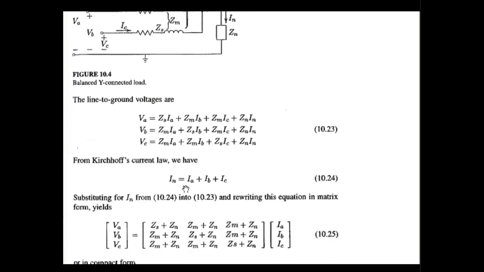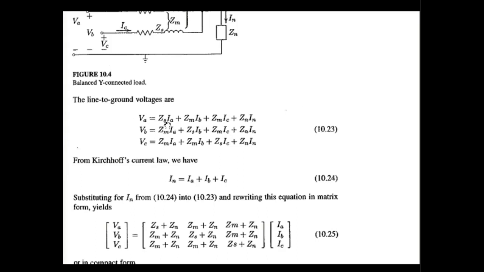So when you put that IN in that first equation for VA, what will be the equation pattern? What will be the coefficient of IA then? Sir, it's just all the impedances, sir.